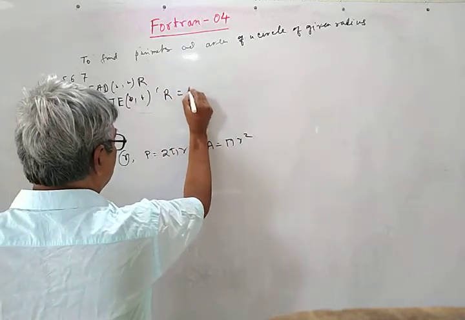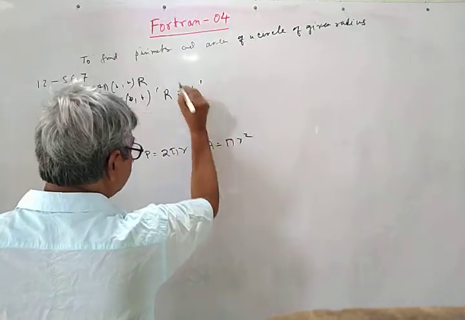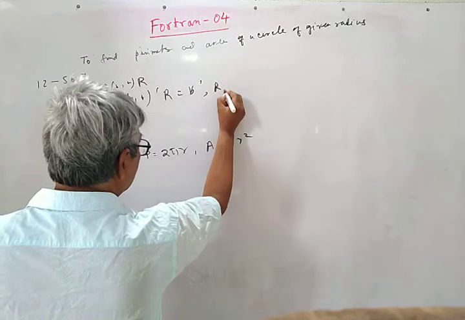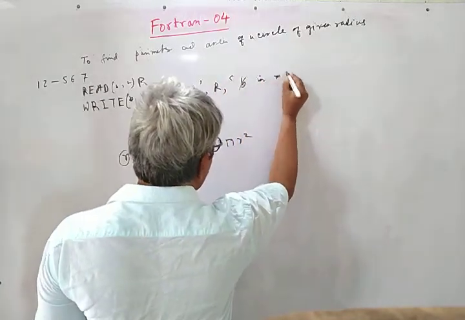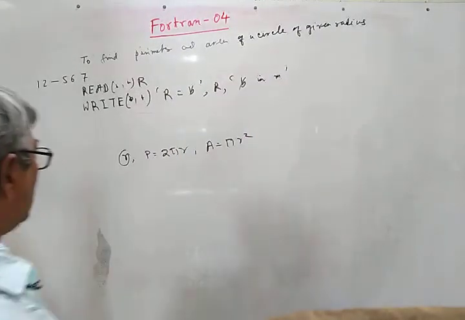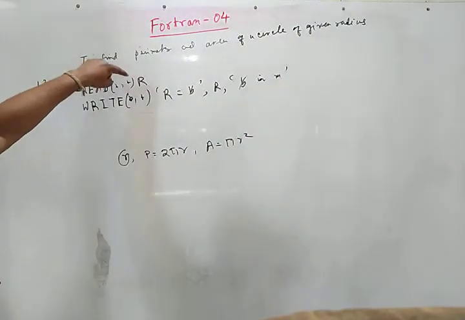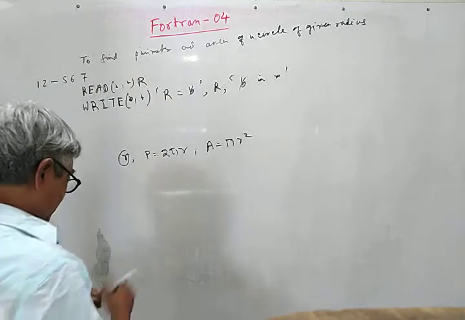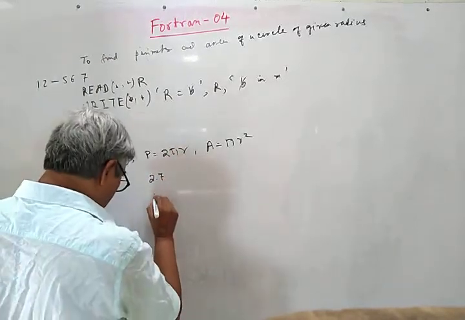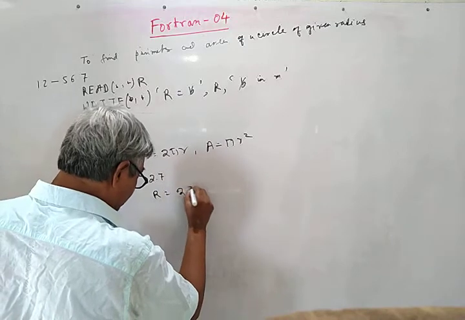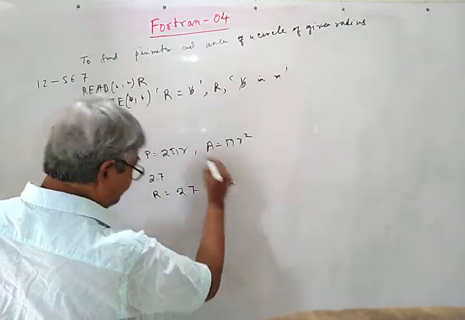Then we write r is equal to, blank, in meter. So what it does, first it reads the value of r, say r is supplied as 2.7, then it gives you r is equal to 2.7 in meter.